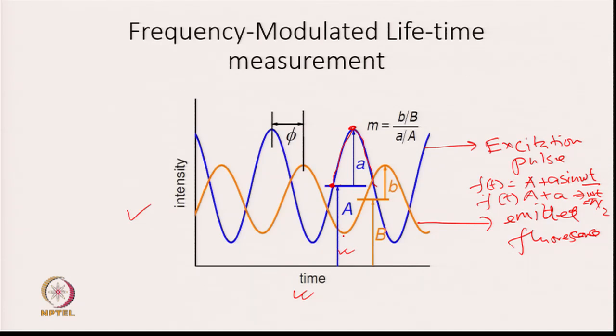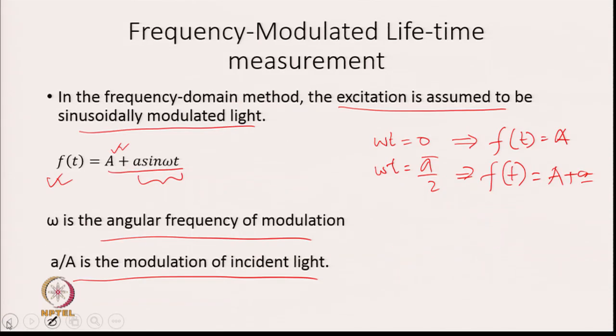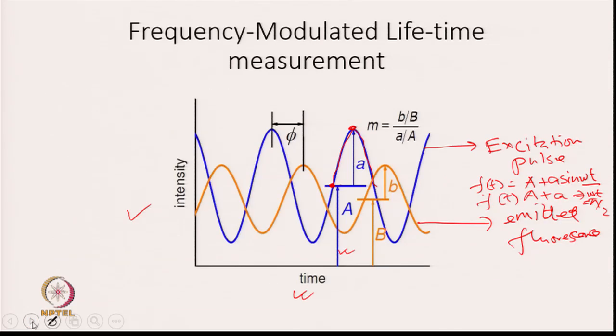This whole intensity is capital A plus small a. And if you remember, what is the modulation? Small a by A is the modulation for this excitation pulse.